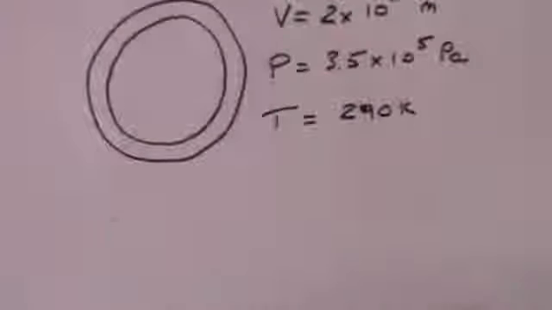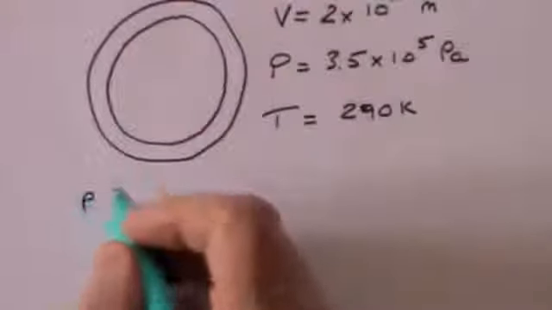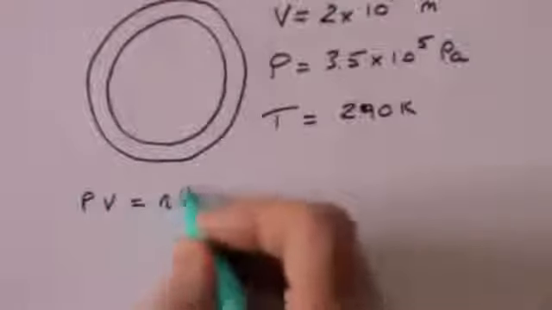For that we'll need the formula that PV equals nRT.